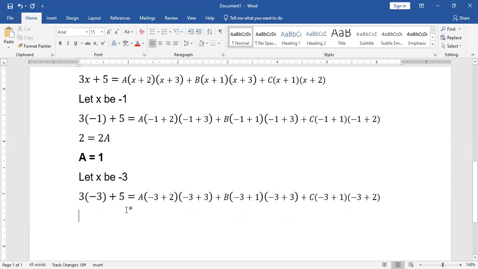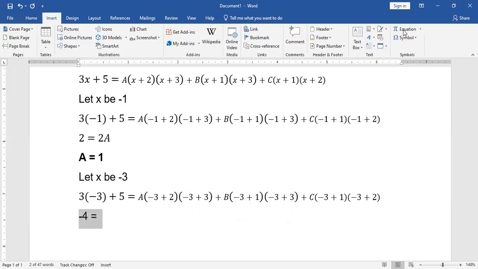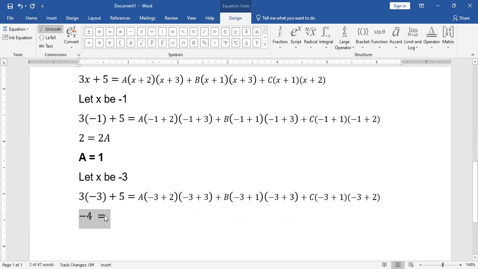Negative 3 multiplied by positive 3, that will be negative 9. Negative 9 plus 5 will give me negative 4. So I have negative 4 this side being equal to, okay, I won't waste much time.